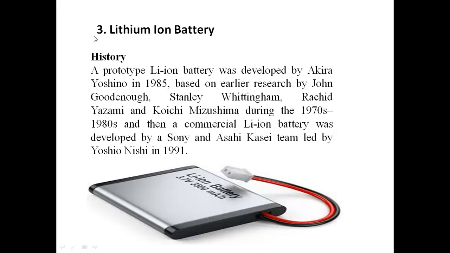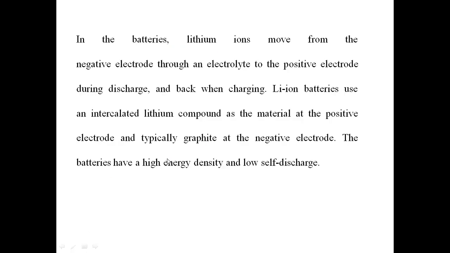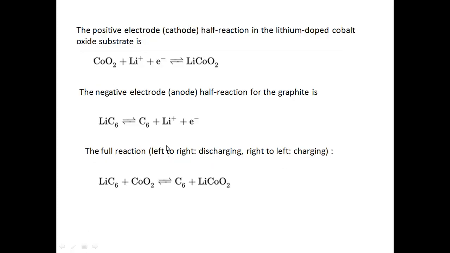Next is the lithium ion battery. The first prototype of lithium ion battery was developed in 1985. So the lithium ion battery has both the anode and cathode made of lithium compounds, and there are variety of electrolytes that are used.